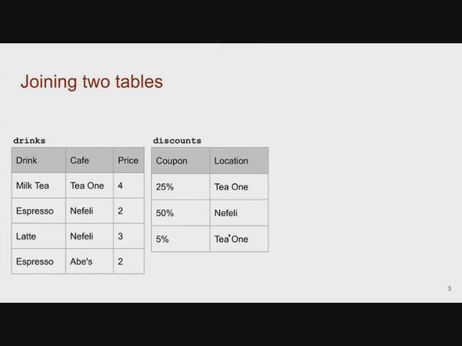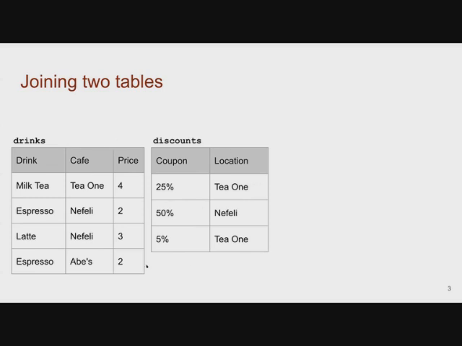Okay, so different cafes are running different promotions, and sometimes there could be multiple promotions going on even from the same company, right? Think of them as like clipping coupons in your flyer, right? So right now, T1 is offering 2 coupons, like 25% off or 5% off, and then this other place has a 50% off coupon.